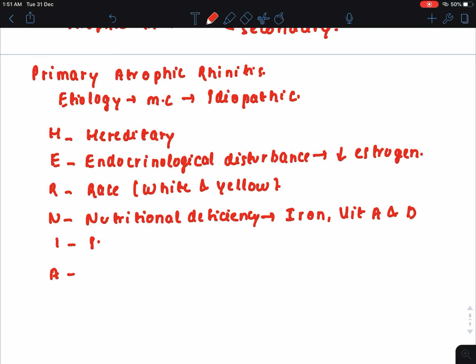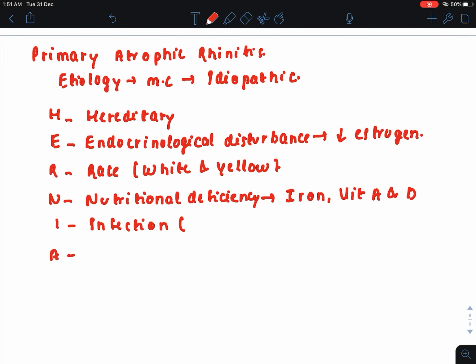I means infection. Which bacterial infection? The bacteria is Klebsiella ozaenae.